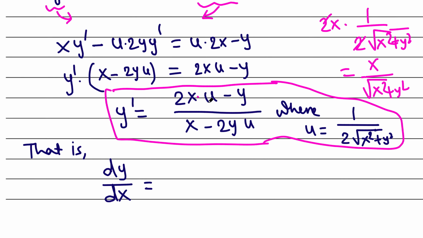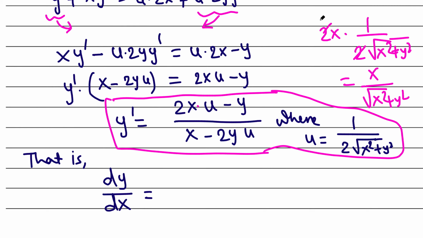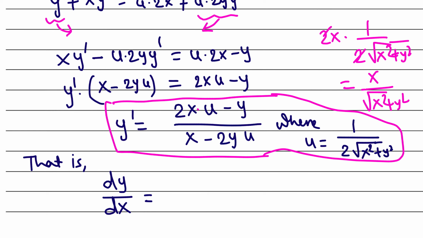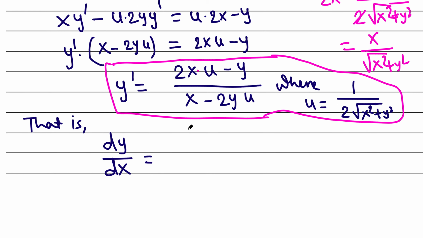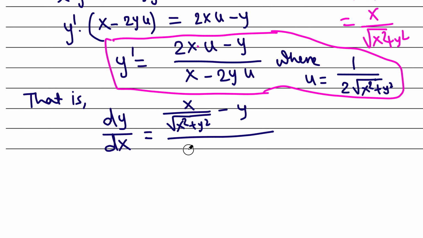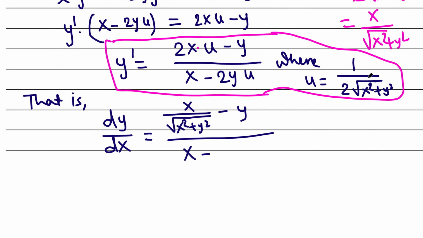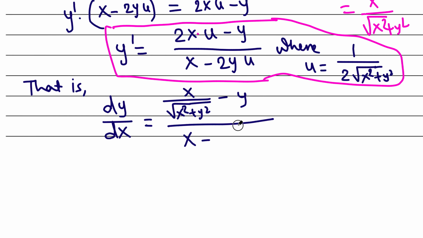Or you can write u as 1 over 2 root x squared plus y squared, and if you do that, then you can simplify 2x times this, the 2s cancel, so we get x over root x squared plus y squared, minus y, all over x minus 2y times u, again the 2s cancel, so y over root x squared plus y squared.